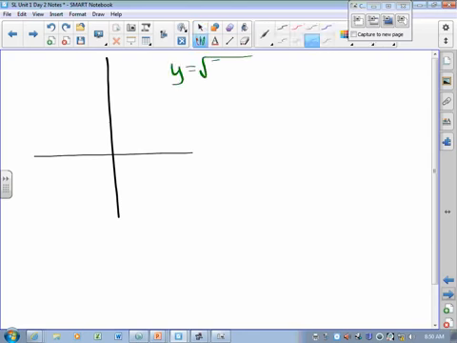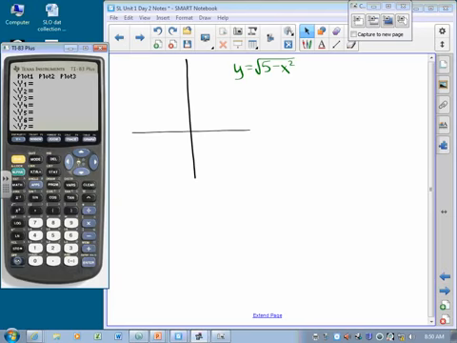Y is square root of 5 minus x squared. Looks sort of like that, kind of hard to see. There, much better. And I'll square up the viewing window.